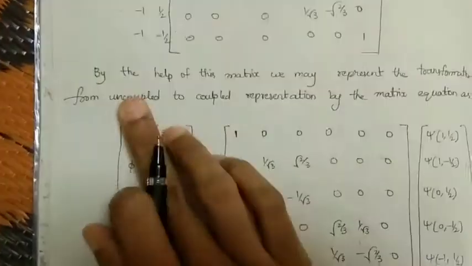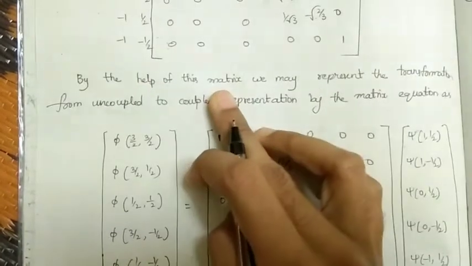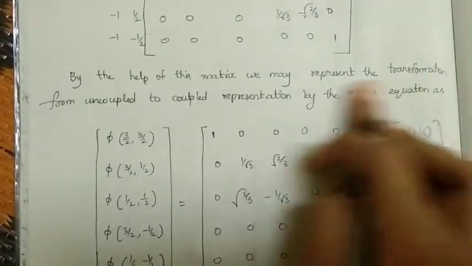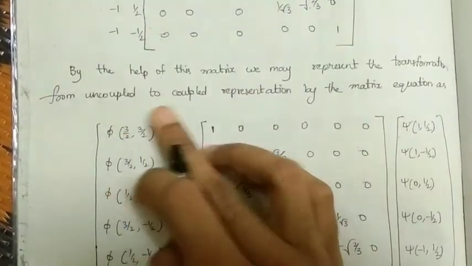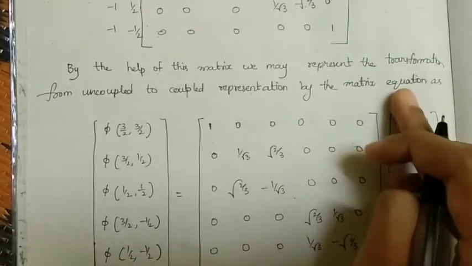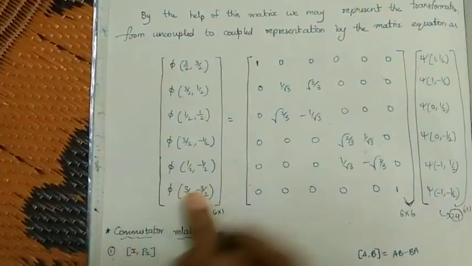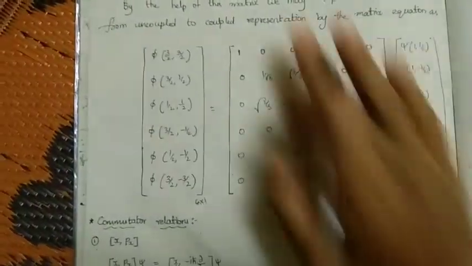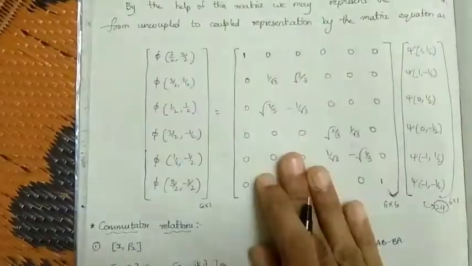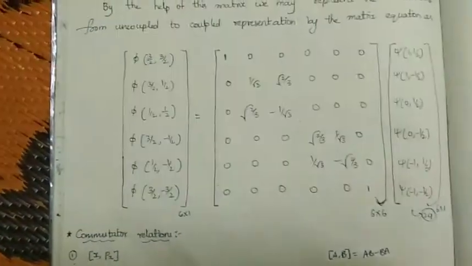Matrix form. With the help of this matrix, we may represent the transformation equation from uncoupled to coupled representation by a matrix equation. So this is the uncoupled form. This form is transformed to this coupled form with the help of this transformation matrix, which is built from these Clebsch Gordan coefficients.